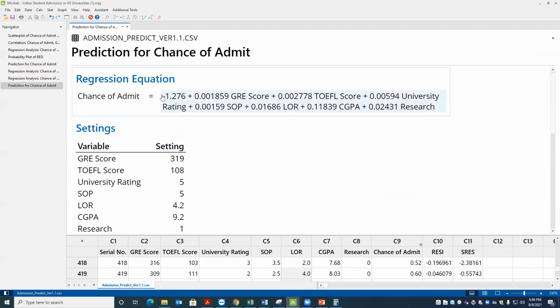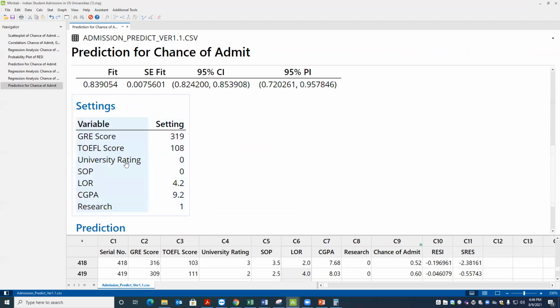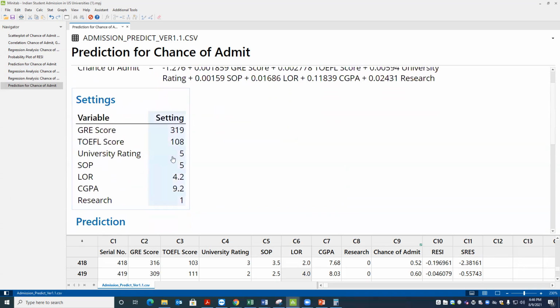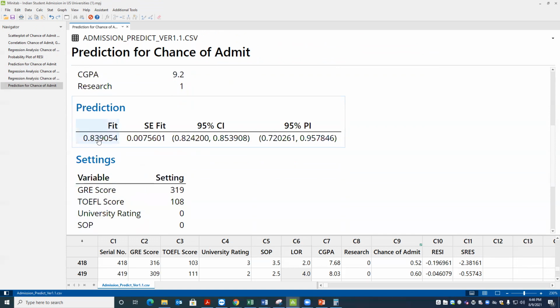Now look at that. This is the equation. I use the first setting, 319, 108, university rating highest here. And in this case, I put university rating 0. Five and 0, you can see how big a difference that is. But is that making a difference in our predicted chance? Look at that. When I have all 5, it is giving an 83 or 84% chance of admission.